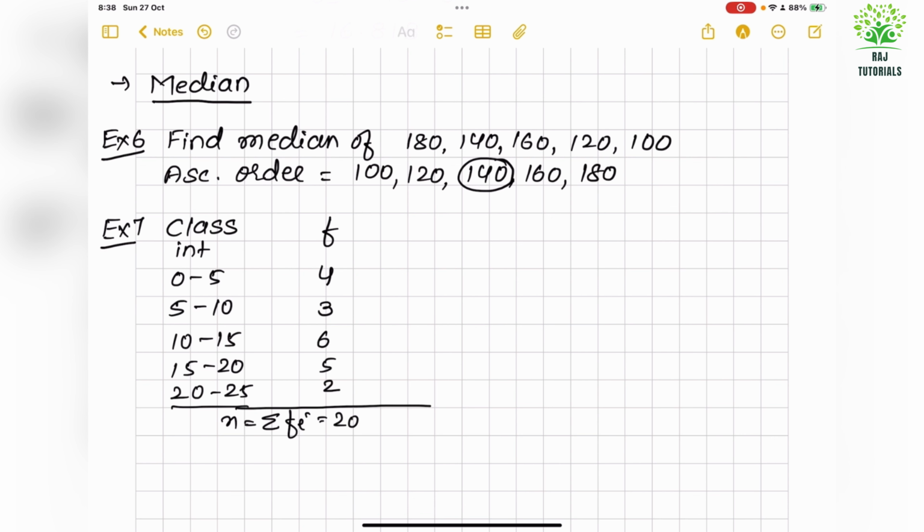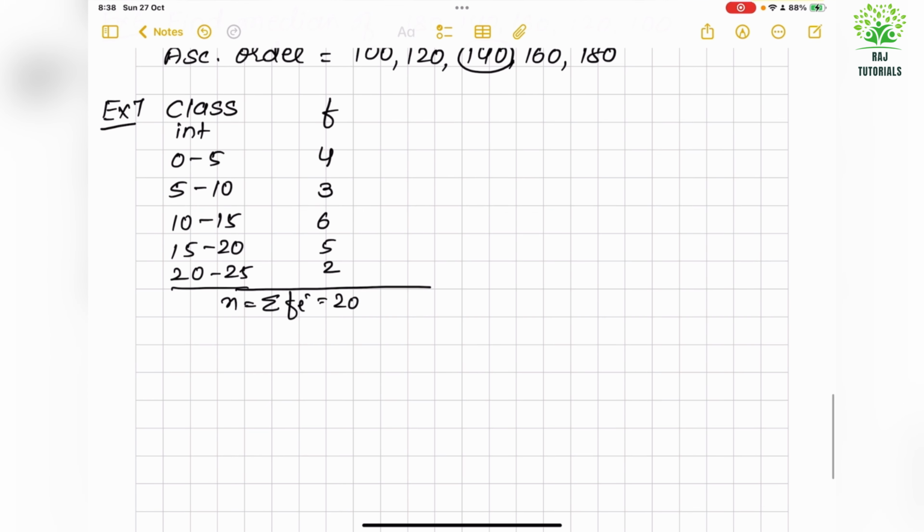Now the formula says, see first let me write the formula so that you understand how you will find median. Median equal to L plus n by 2 minus Cf upon f into h.